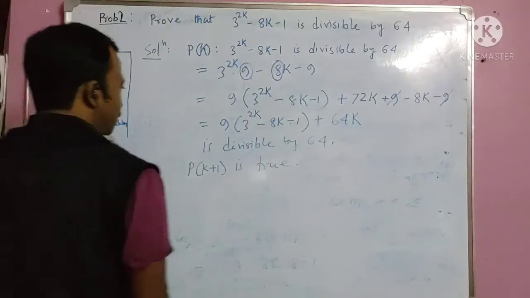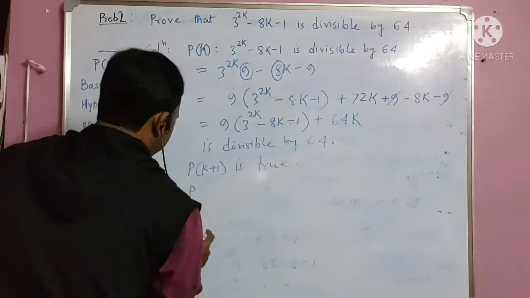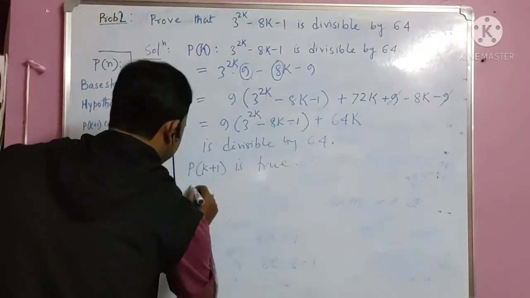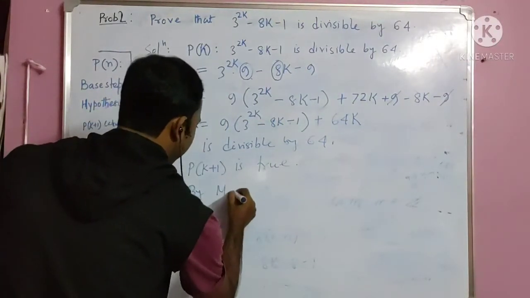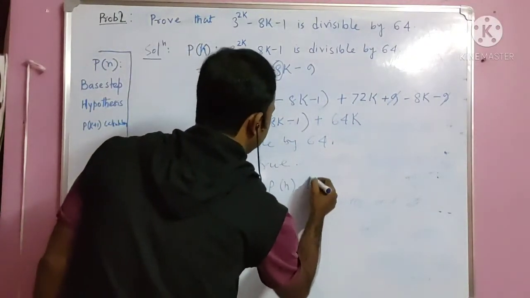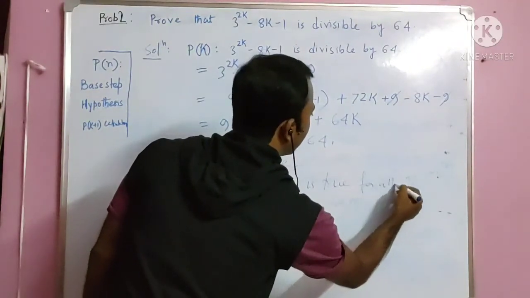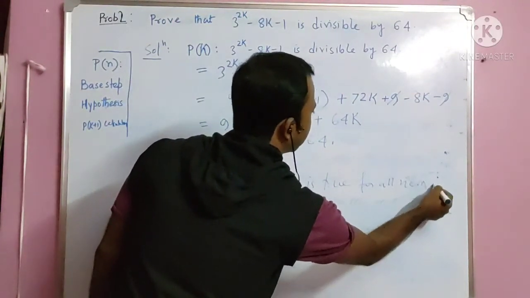Since Pk plus 1 is true, by mathematical induction we can say Pn is true for all n belonging to the natural numbers. We are done.